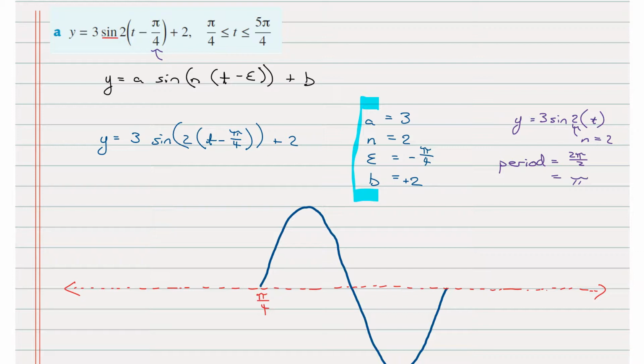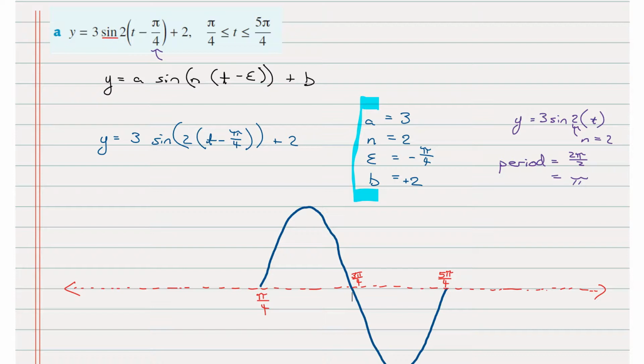Now, working at this position here, it's going to be pi on 4 plus pi. So that's going to be 5 pi over 4. And then this midpoint here, this cutting point, it's going to be the midway between pi on 4 and 5 pi on 4, which is simply 3 pi on 4.